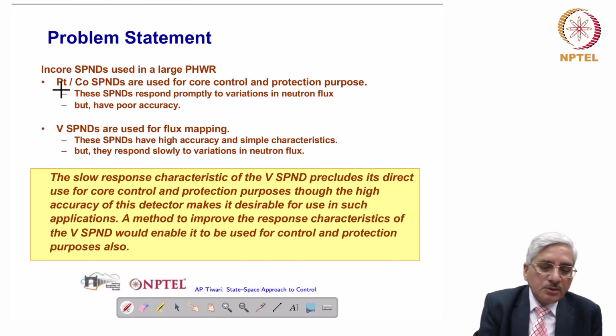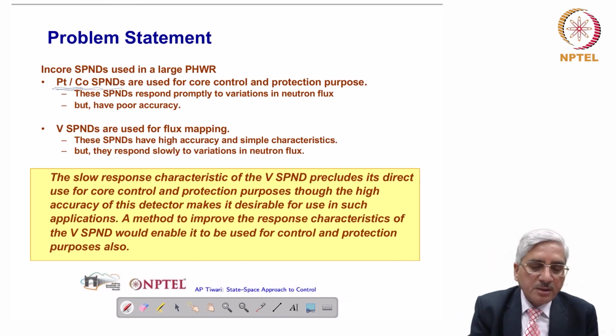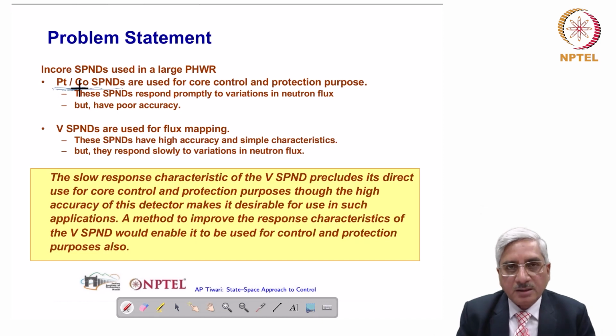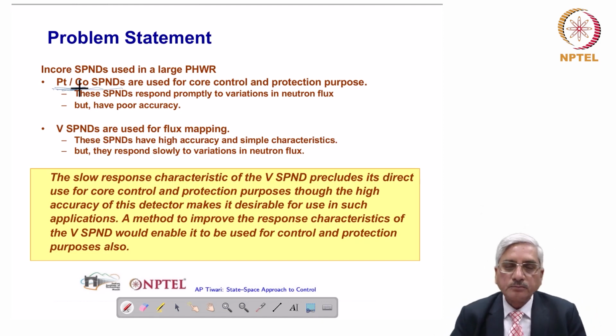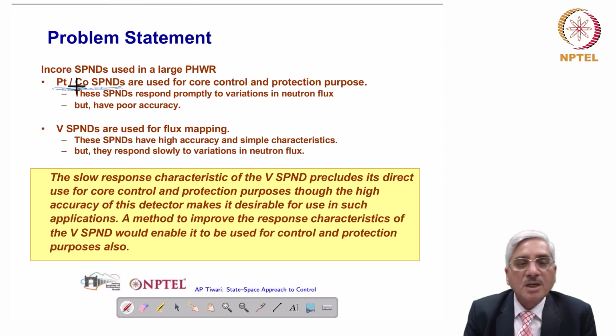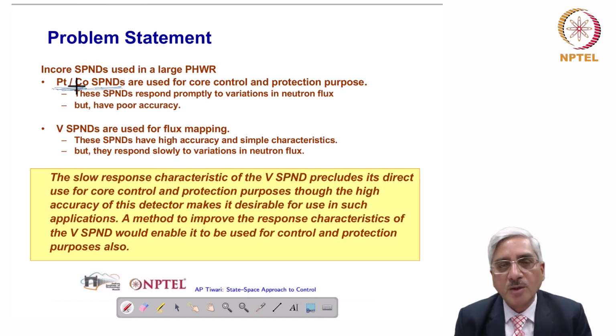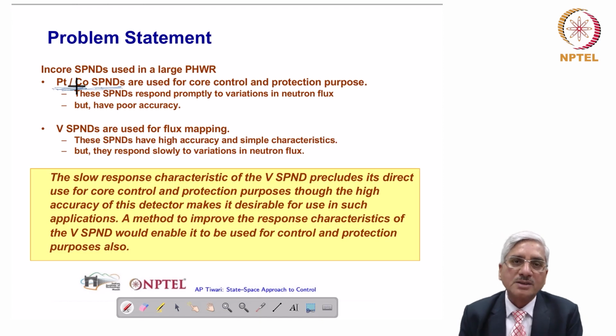Now in control, generally we use self-power neutron detectors which have emitter material platinum or cobalt. I will explain what is emitter material. So the self-power neutron detectors which have platinum or cobalt as the emitter, they are prompt responding detectors. Their response is within much less than milliseconds, and their response is usually characterized only by the response delay of the associated amplifier.